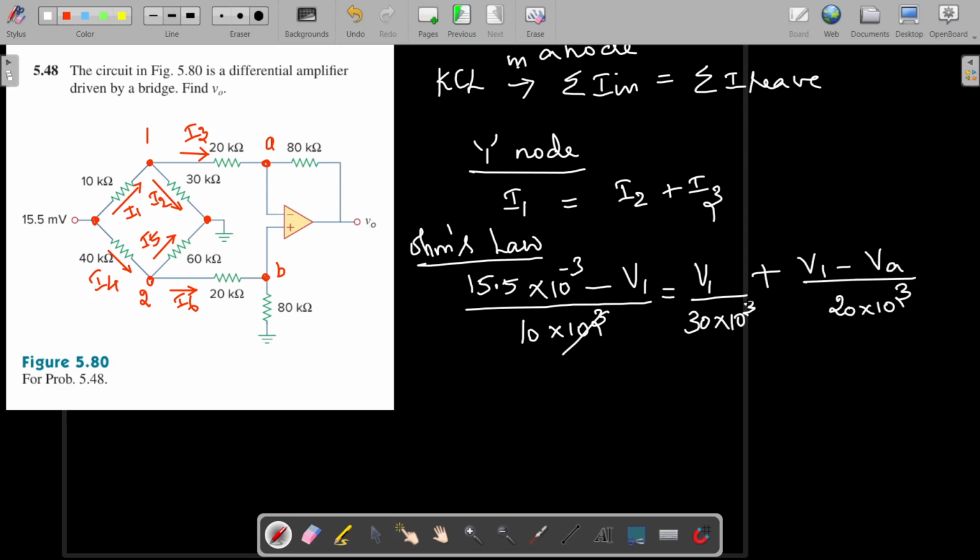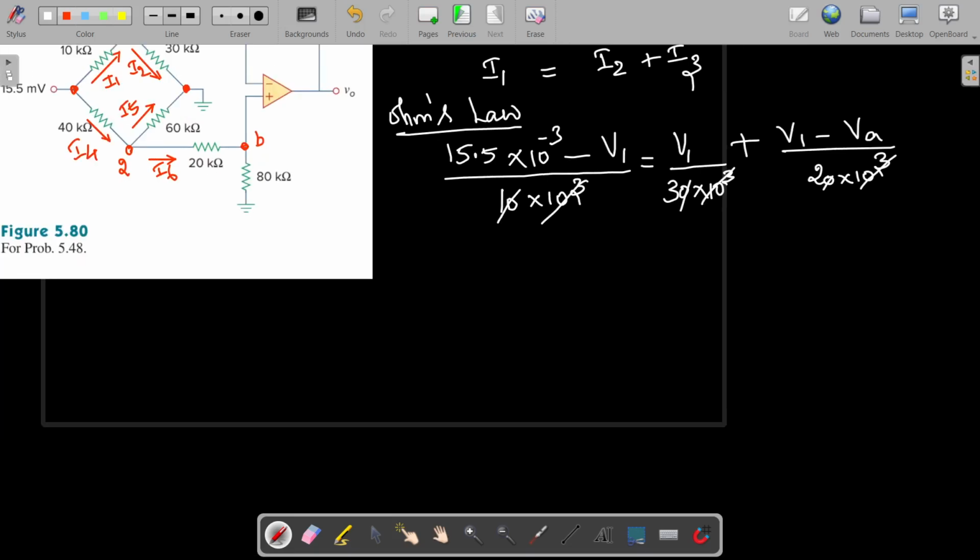The 10 power 3 factors cancel out, and similarly the 10. So you can write 15.5 into 10 power minus 3 minus V1 equal to V1 by 3 plus V1 by 2 minus VA by 2.